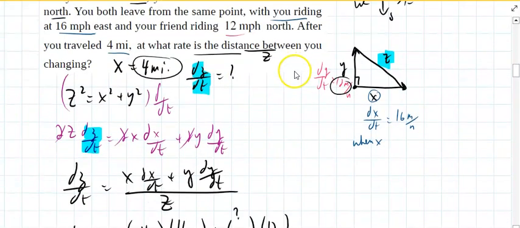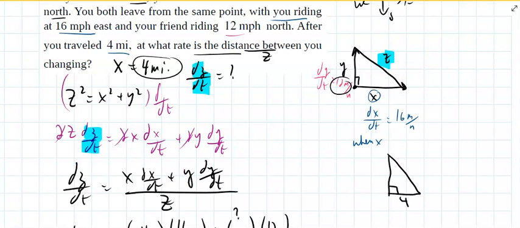Now, I am moving along. I drew that a bit out of sync. Okay, there we go. So, I am moving east. They said x is 4.